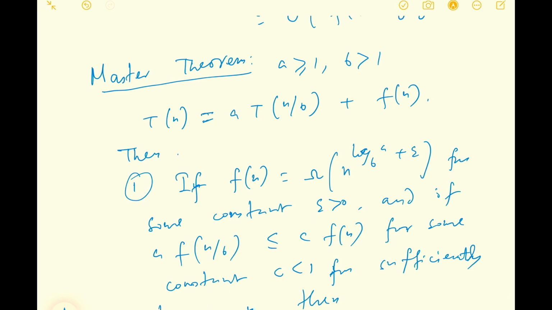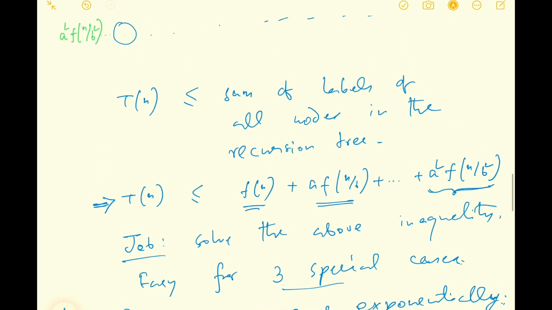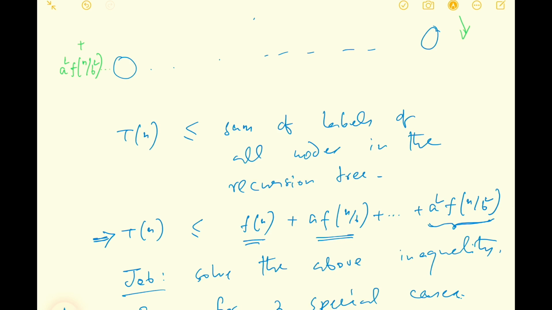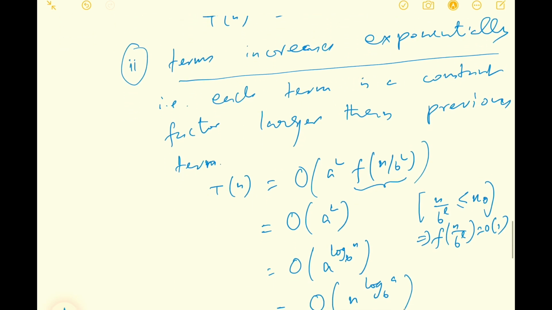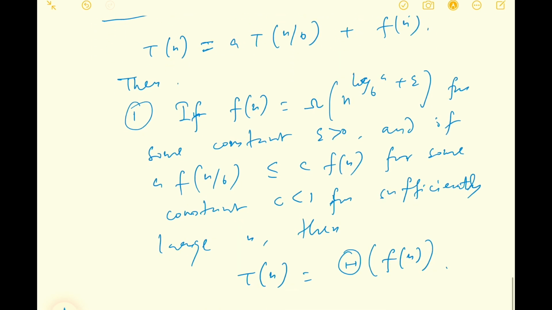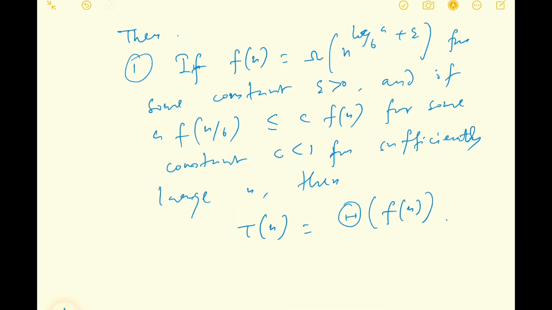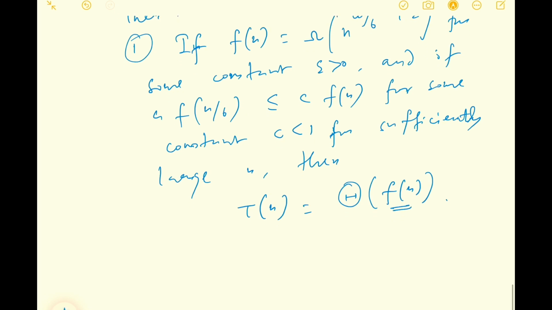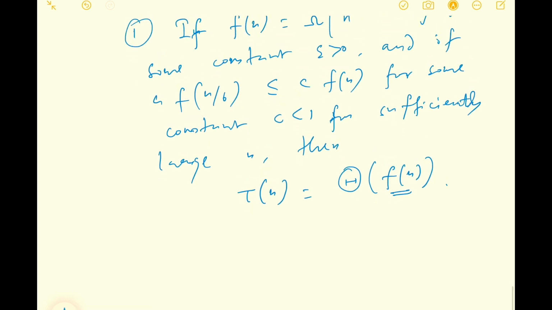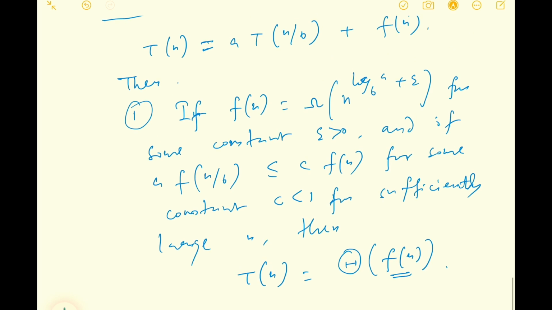Here we are using equality, so the inequality can be replaced with equality. Don't draw a recursion tree, you just simply expand, and because it is a GP series, the sum is both upper bounded and lower bounded by some constant multiple of the highest term. That's why you can write theta. So you check that if these things hold, then the terms of the series decrease exponentially, and the first term f(n) is the highest term.